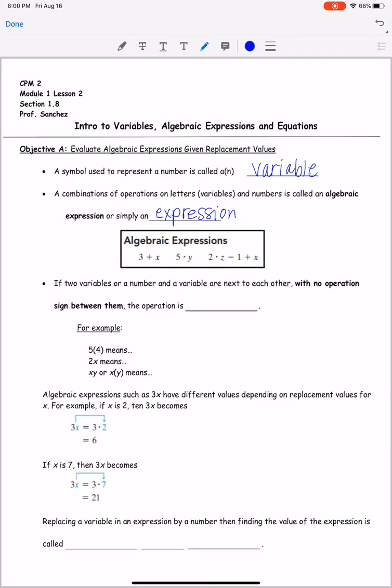Now, a lot of times when we see multiplication, up until this point, we've used this little dot to let you know things are being multiplied. So 5 times y. From now on, if we see no operation sign between them, the operation is going to be understood to be multiplication.